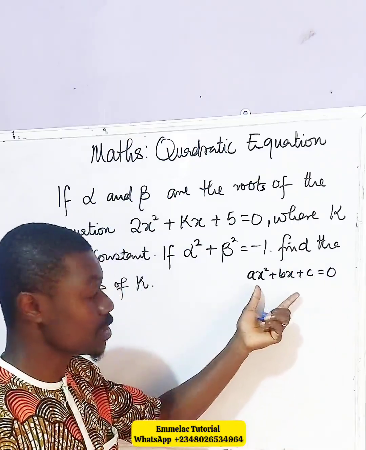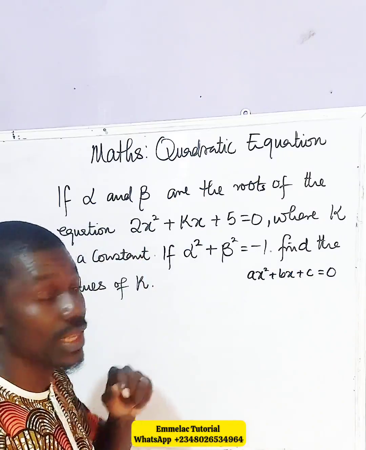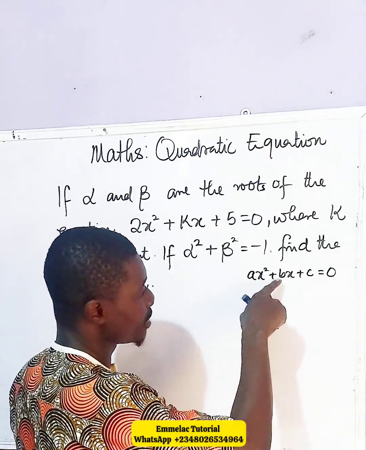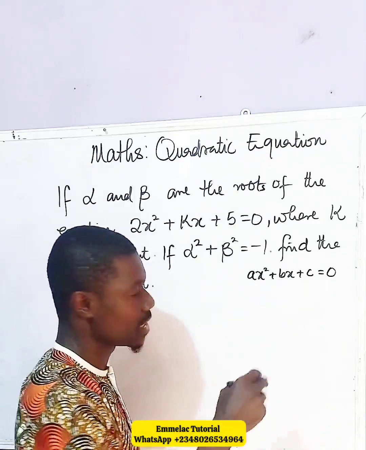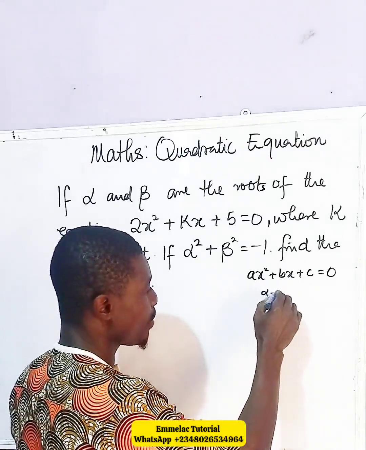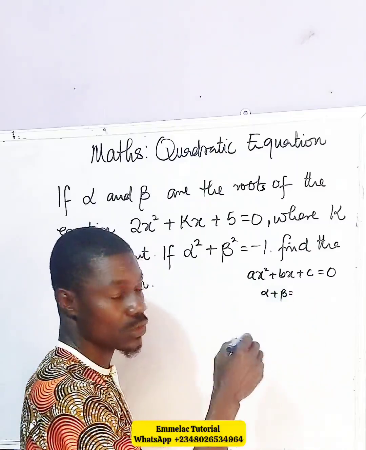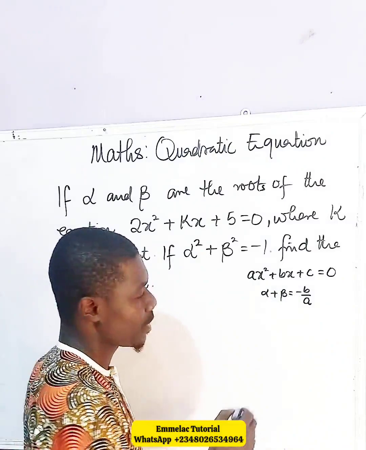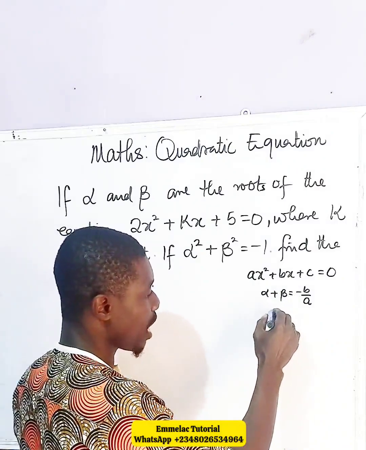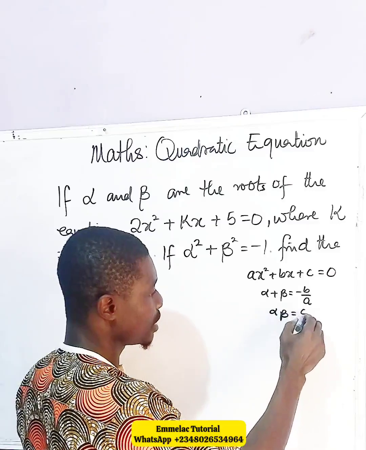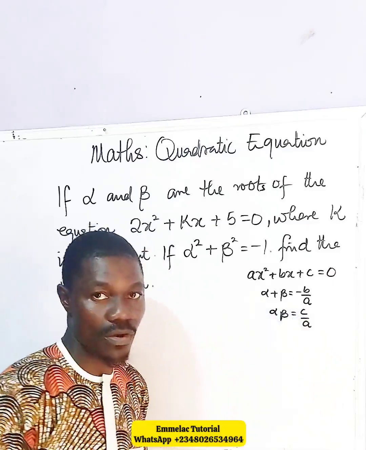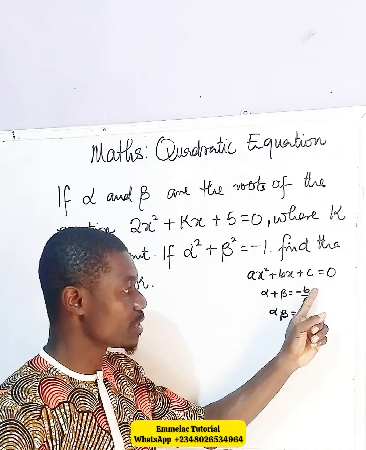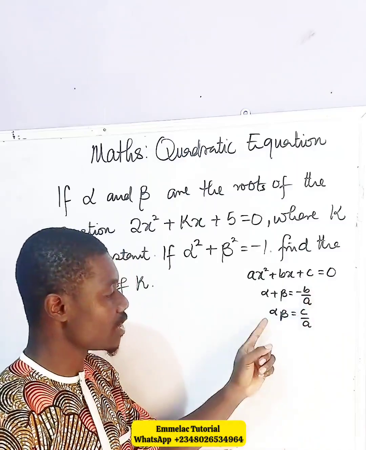If the roots are alpha and beta, then alpha plus beta, which is the sum, will be -b over a, and the product, which is alpha beta, will be c over a.